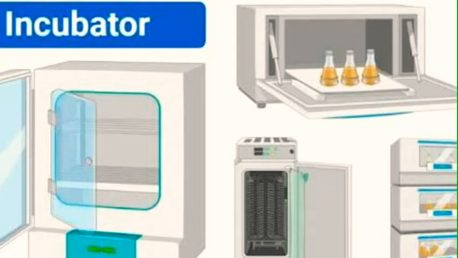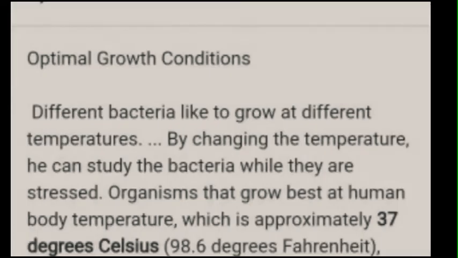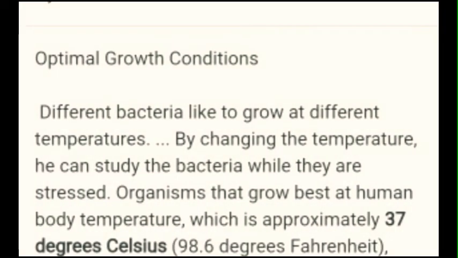Optimal growth conditions. Why do we need incubation at 37 degrees temperature? Different bacteria like to grow at different temperatures. By changing the temperature, we can study the bacteria while they are stressed. Organisms that grow best at human body temperature, which is approximately 37 degrees Celsius, or you can say 98.6 degrees Fahrenheit.